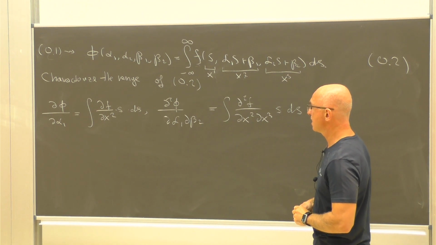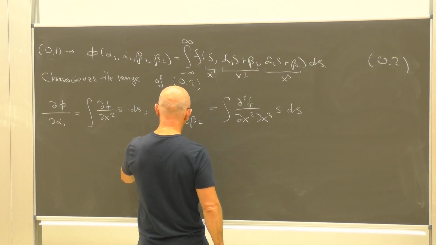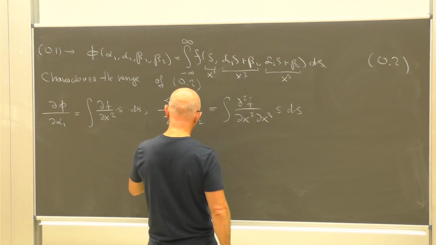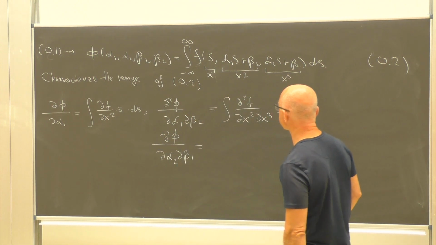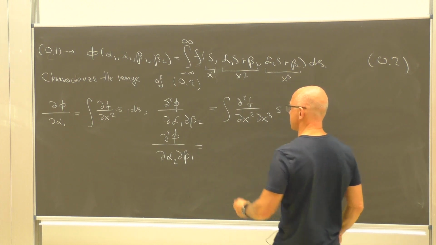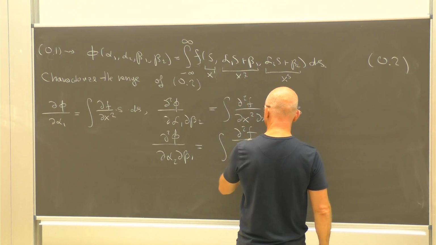But you see, if I compute d2 phi by d alpha 2 d beta 1, if I first differentiate with respect to alpha 2, then I'll have df by dx2 times s. And then I need to differentiate with respect to x1.